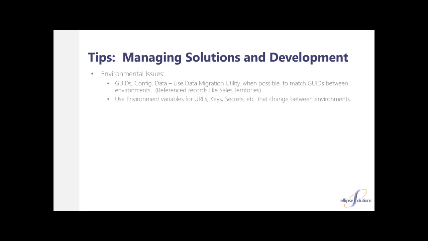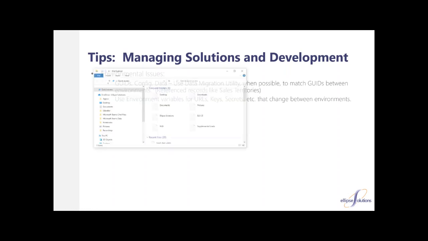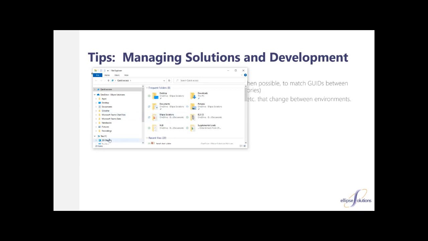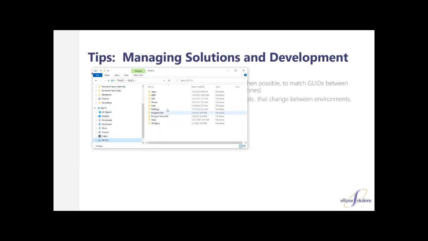The best way to mitigate that is to use the data migration utility when possible. If it's reference type records like sales territories or something, use the data migration utility. If you've never used it before, it's in the SDK. I always like to show where it is because I always had trouble.